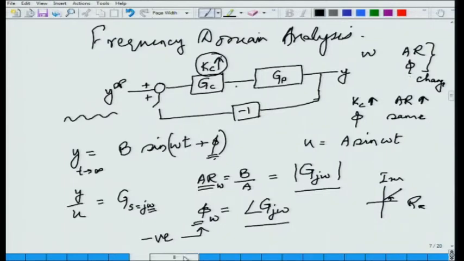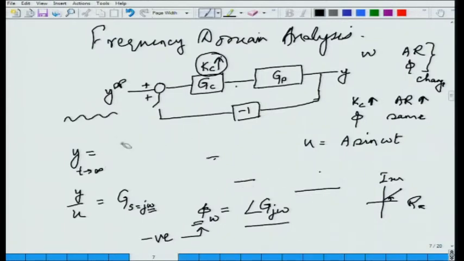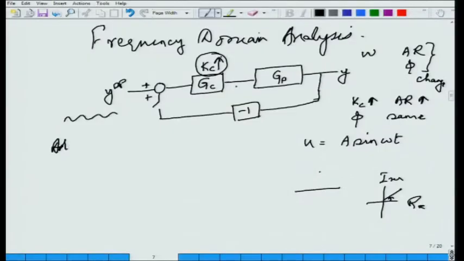So, maybe I can just rub all this off because this slide remains relevant, the rest of the stuff is okay. So, I adjust the forcing frequency omega such that the phase angle is minus 180 degrees.